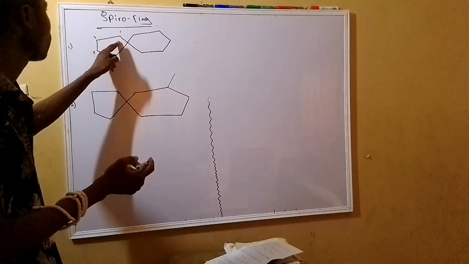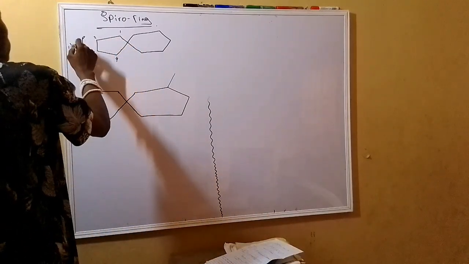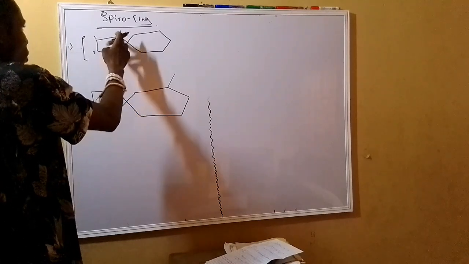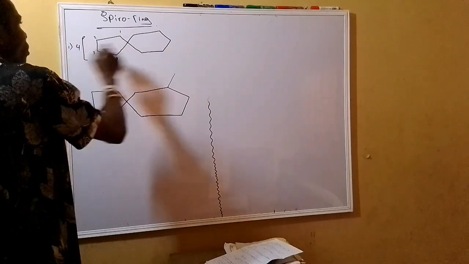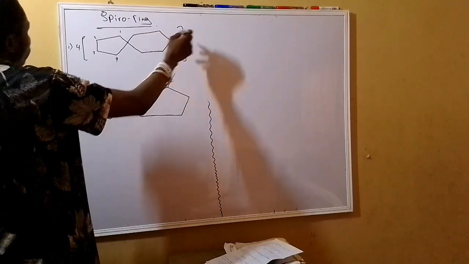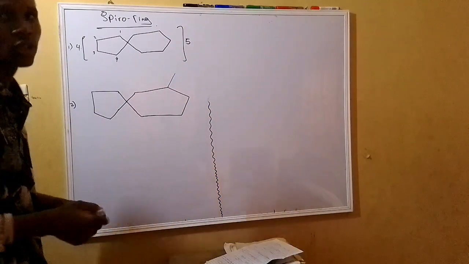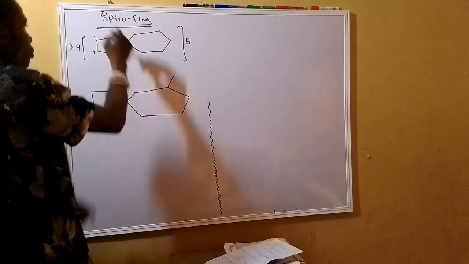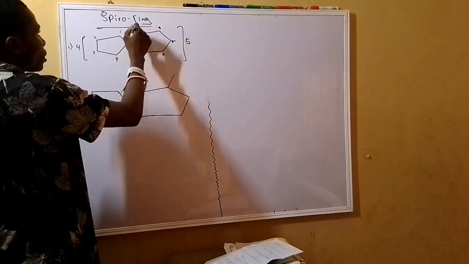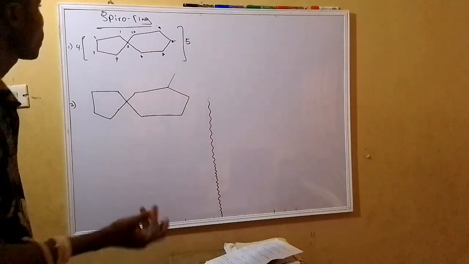Connecting from here, I have 1, 2, 3, 4. While connecting from here, 1, 2, 3, 4, 5. I have 5 periods. So therefore, I have to start from here: 1, 2, 3, 4, 5, 6, 7, 8, 9, and 10.